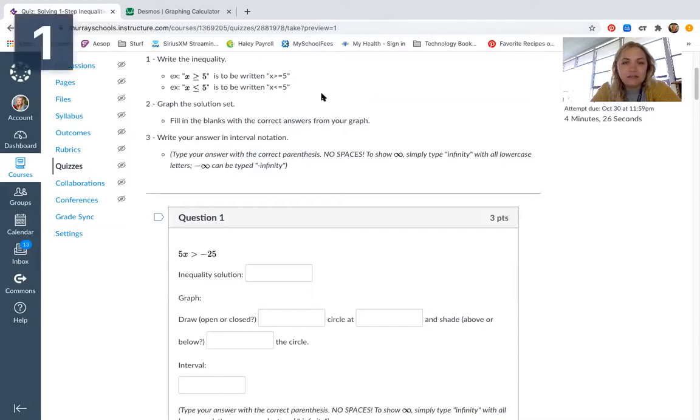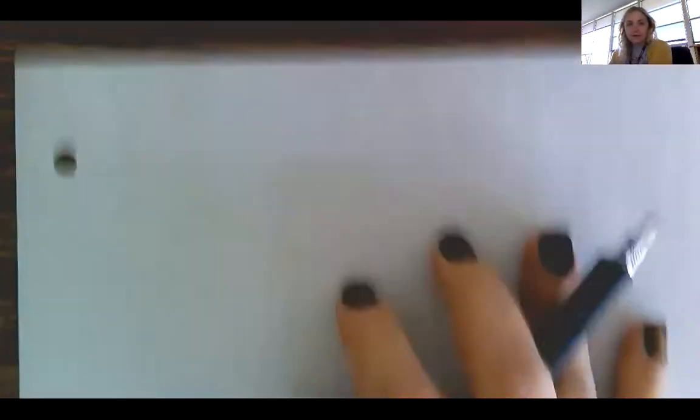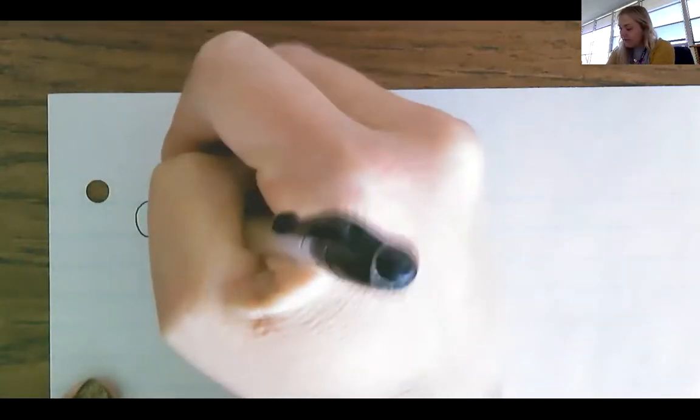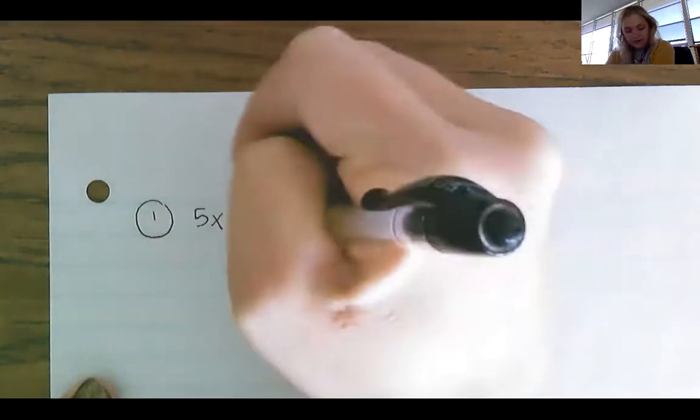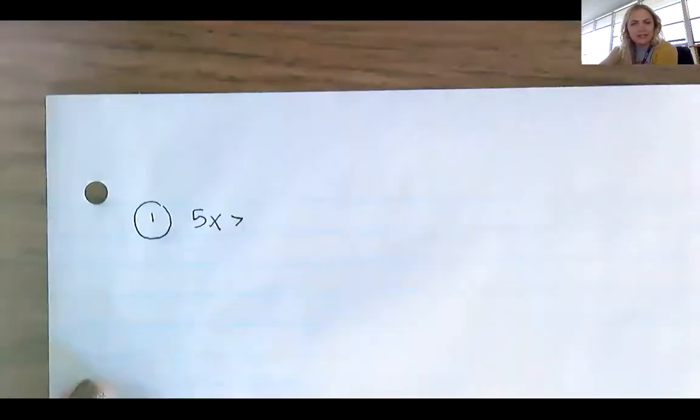So let me show you my other paper. Hold on, I got to find my pen. Okay, so on problem number 1, you're going to write down the problem. 5x is greater than, I don't know why I said equal to, I think it just said greater than, negative 25.